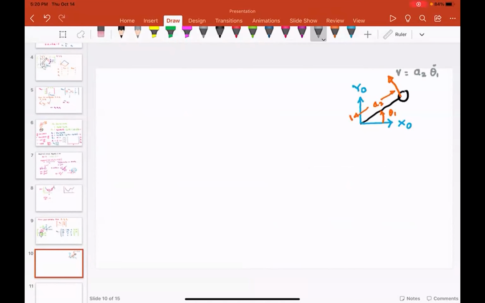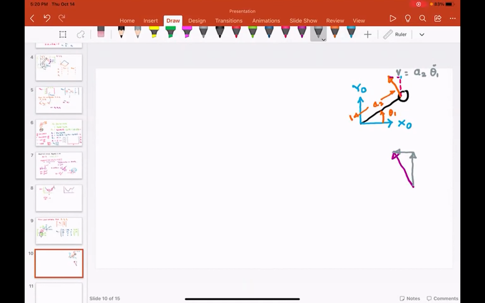Now this velocity has two components: a vertical component and a horizontal component. Let me show you the vector diagram of this velocity.